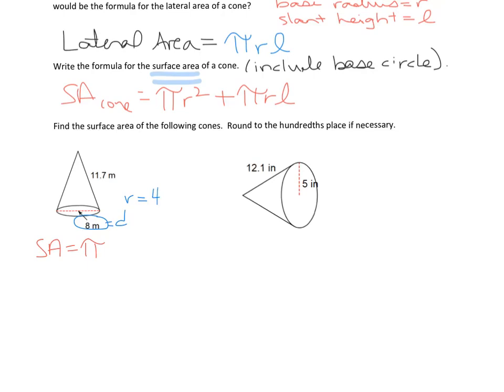So we're going to go pi times 4 squared plus pi times the radius times the slant height. Go ahead and pause the video, figure out the answer to this one, and go ahead and move on to that second question. When you come back, you'll be checking both of those answers.